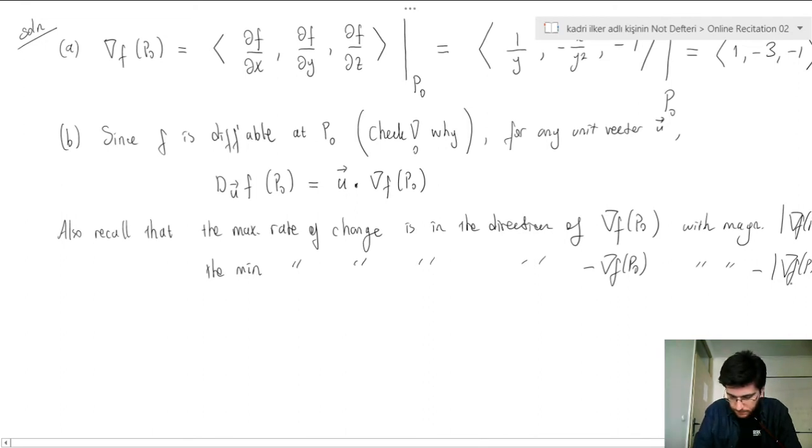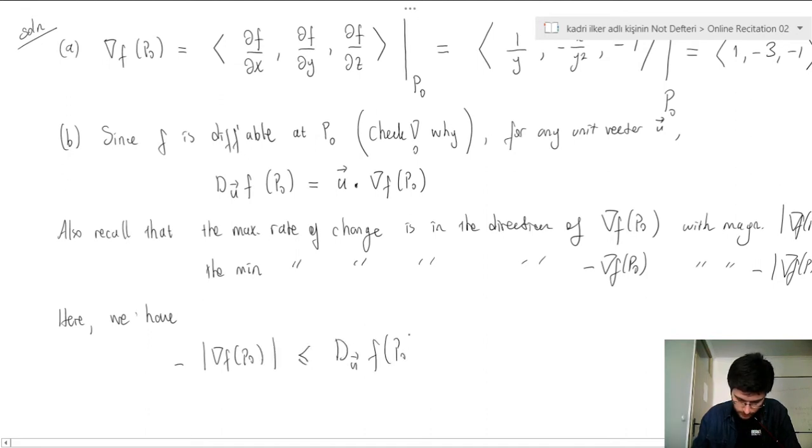Okay, but now if you really compute the gradient, we have something like this, minus this, du f at p0 and df at p0.